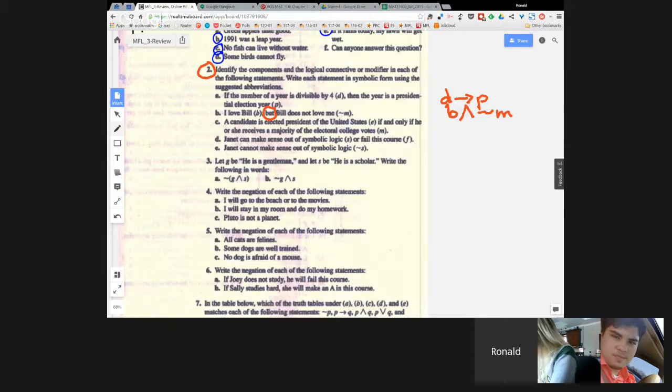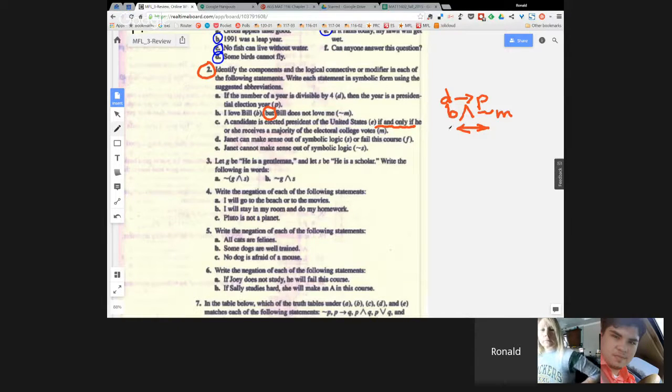Okay, and part C, a candidate is elected President of the United States if and only if he or she receives the majority of electoral college votes, M. You guys remember what we do when we have an if and only if? That's this connector, the double-headed arrow. I know it's a biconditional, but it goes with those words if and only if.